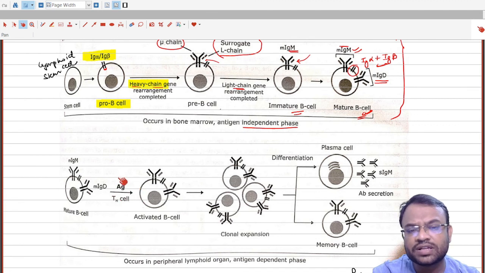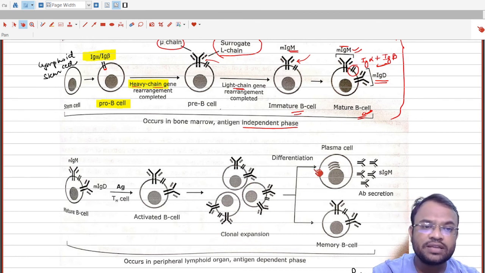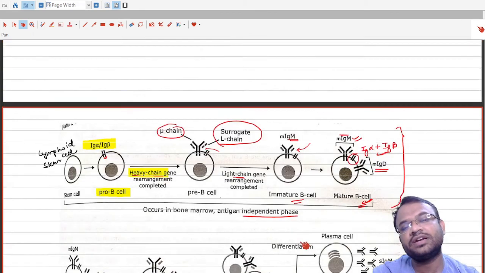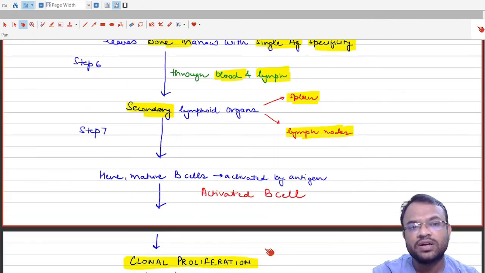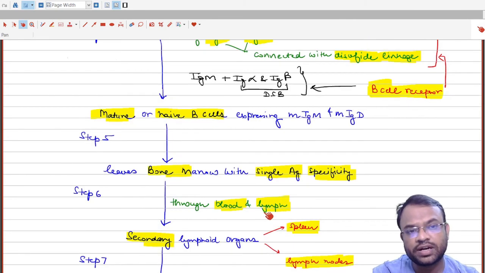When they encounter the antigen, and because of the TH cell, these mature B cells become activated B cells. After that there would be clonal proliferation, or clonal expansion, and then they would be divided into plasma cells and memory cells, and they would be secreting multiple antibodies. This is what I had shown you a little while ago.